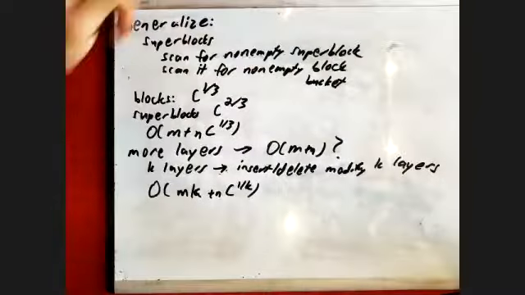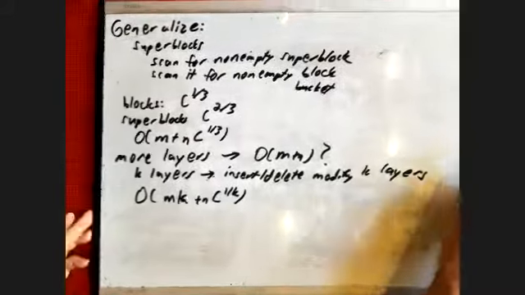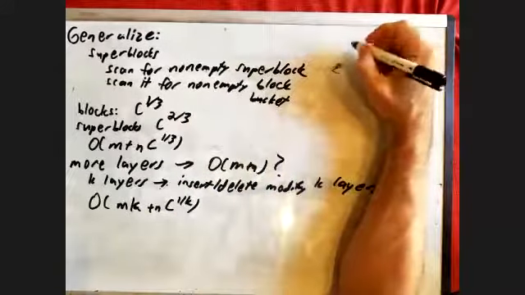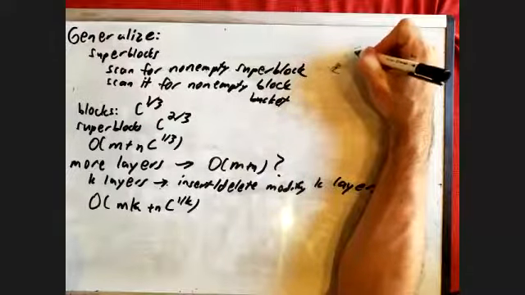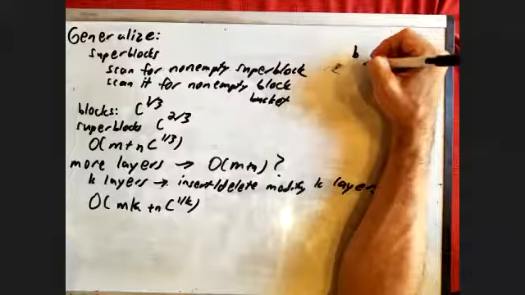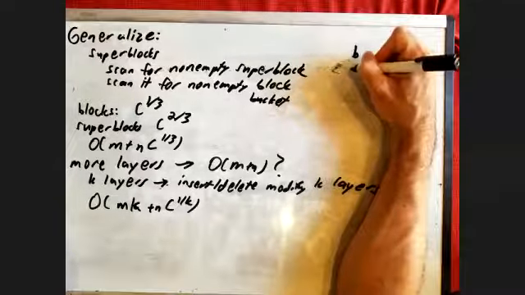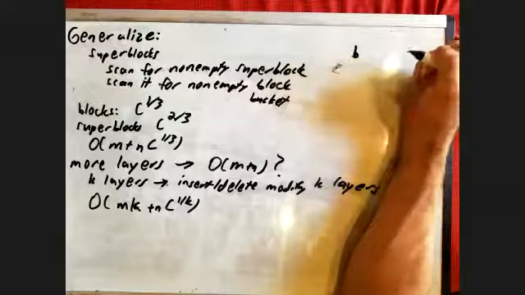Well, when you go to 3 layers, you again want to balance the time you spend scanning the super blocks, the time scanning the blocks, and the time scanning for a bucket inside of a block. So let's do this for three layers.